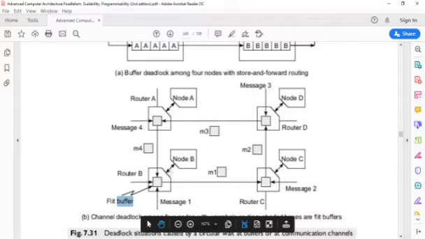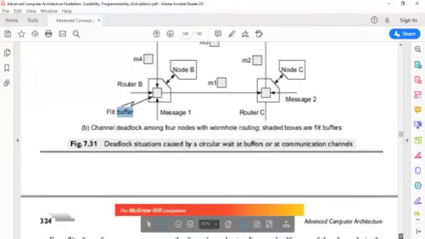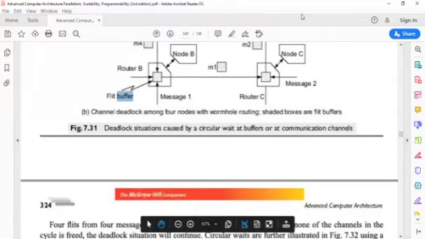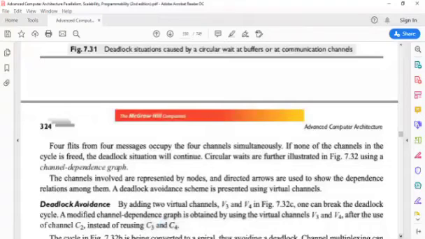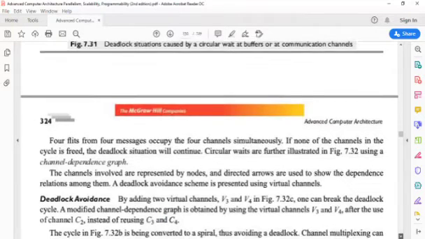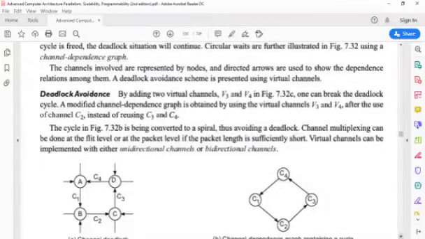Message 1 is for node B, message 2 for node C, message 3 for node D, and message 4 for node A. The message is transmitted via individual flits, and each flit occupies the communication channel, and no one has the option to forward further. So the four flits occupy the four channels simultaneously. If any one of the channels is free, then we can avoid this cycle situation.